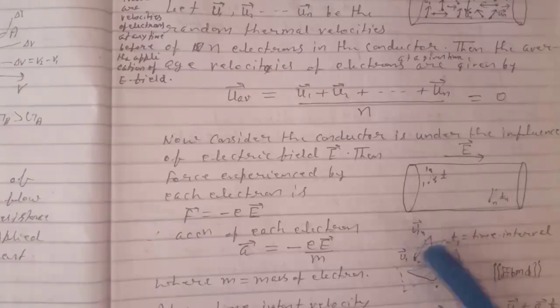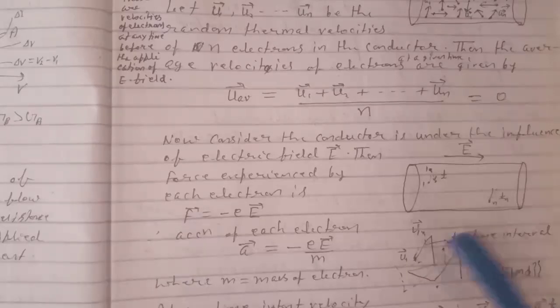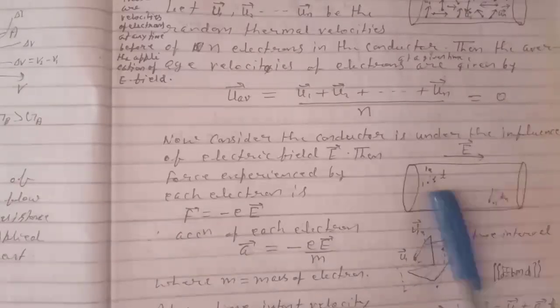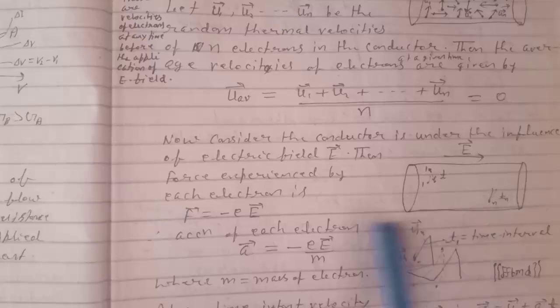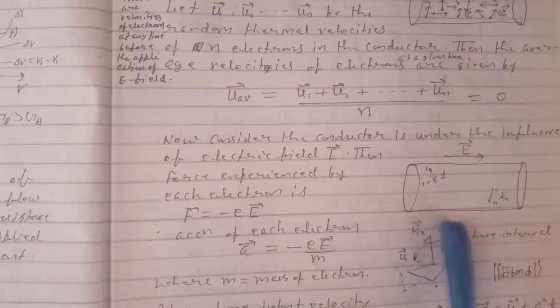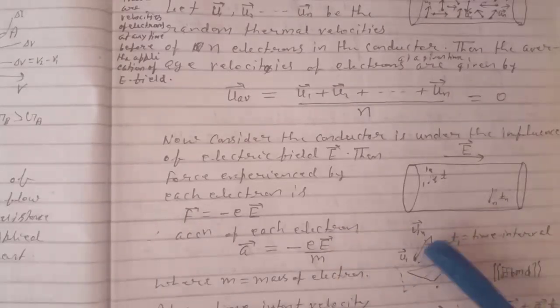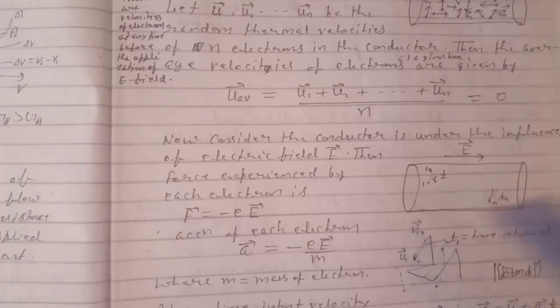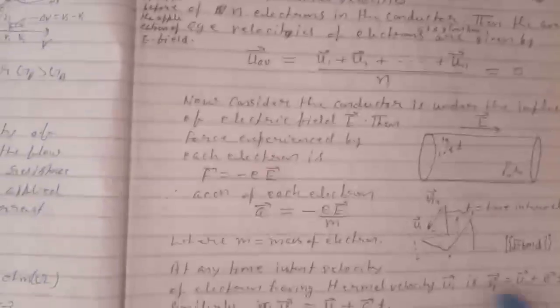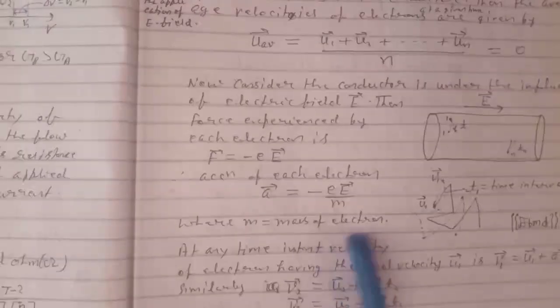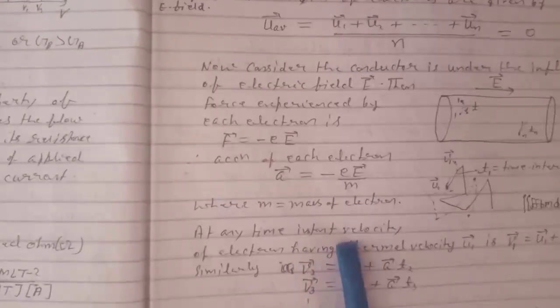This part shows the drift of the electron, because the electric field is in this direction, so the electron experiences force in this direction, so the path of drift is in this direction, where m is the mass of the electron.